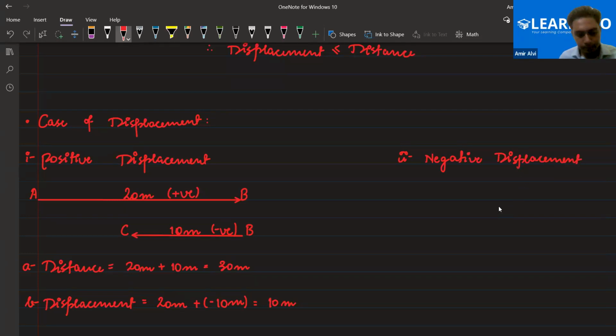Negative displacement. Okay, now let's talk about the negative displacement.